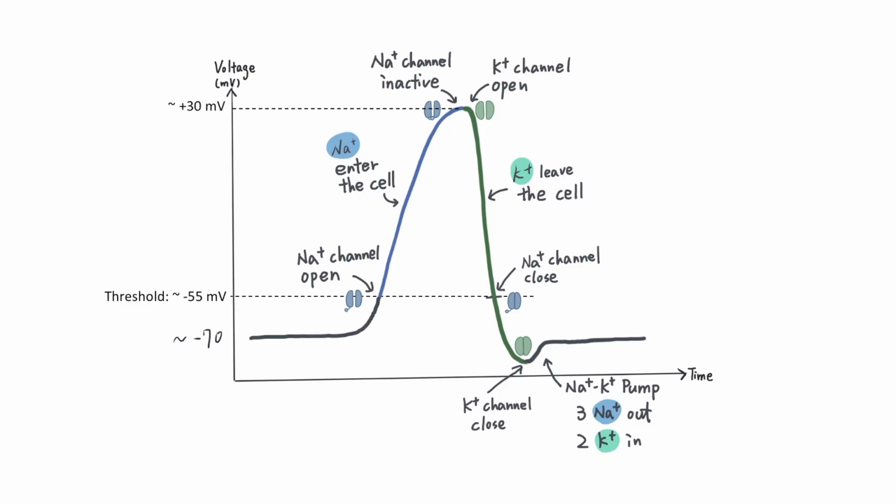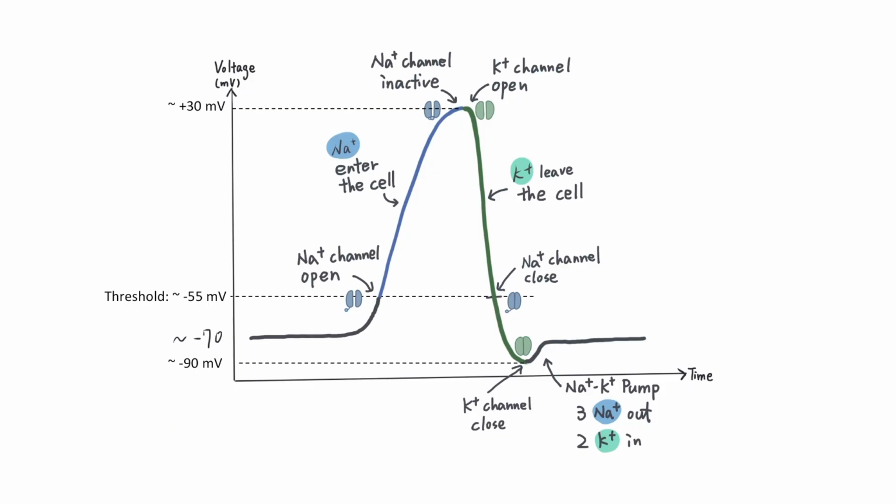When it goes up to positive 30 millivolts, the voltage starts to go down because your sodium channel becomes inactive and potassium channel opens. It will go down to minus 90 millivolts, which is lower than the resting potential. Your sodium-potassium pump will pump the voltage back to minus 70 millivolts.